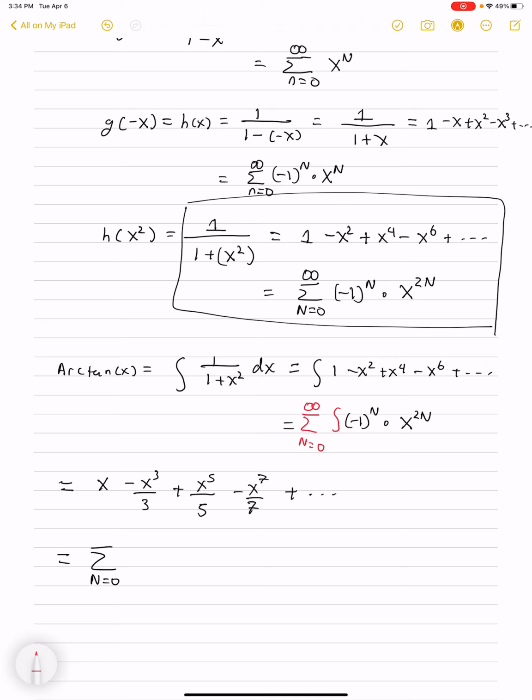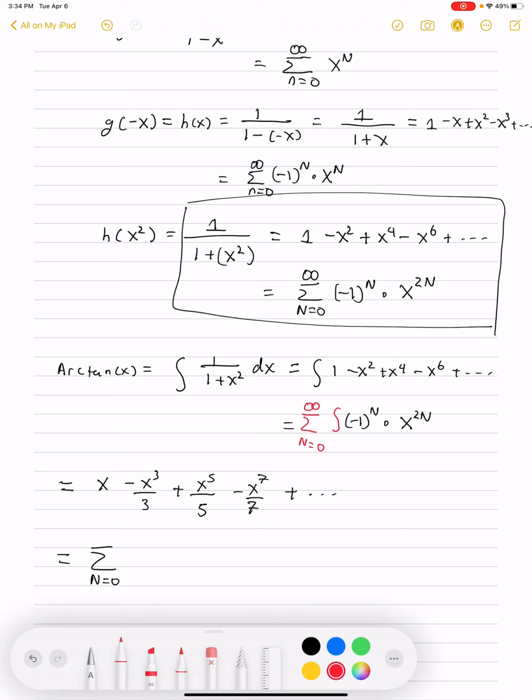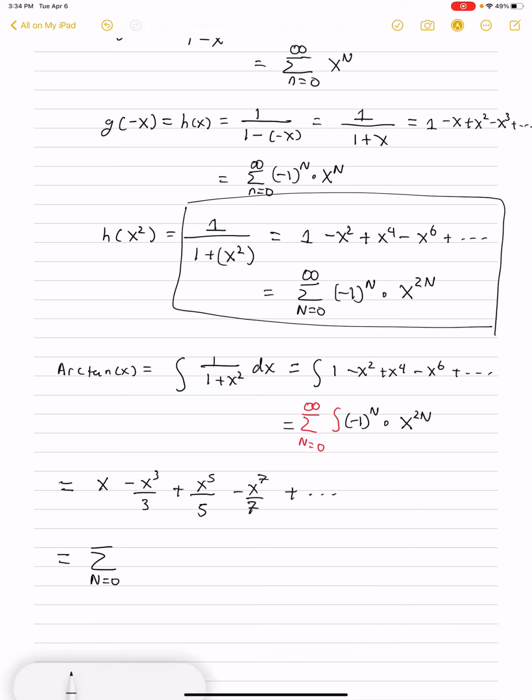Now, once I anti-differentiate each term, I'm integrating with respect to x. So the minus 1 to the n stays the same, but the power of x goes up by 1. So this is x to the 2n plus 1 over 2n plus 1.